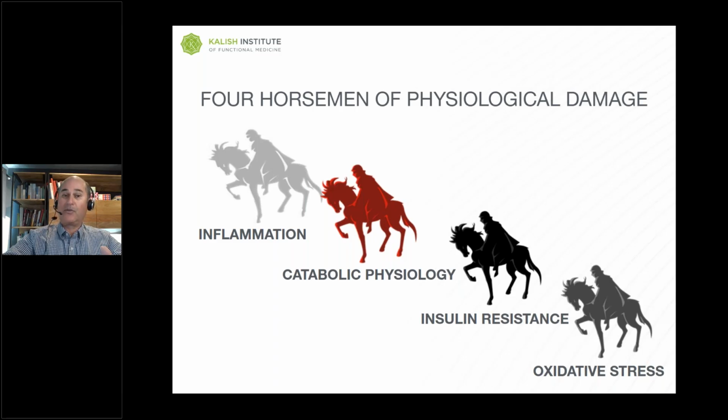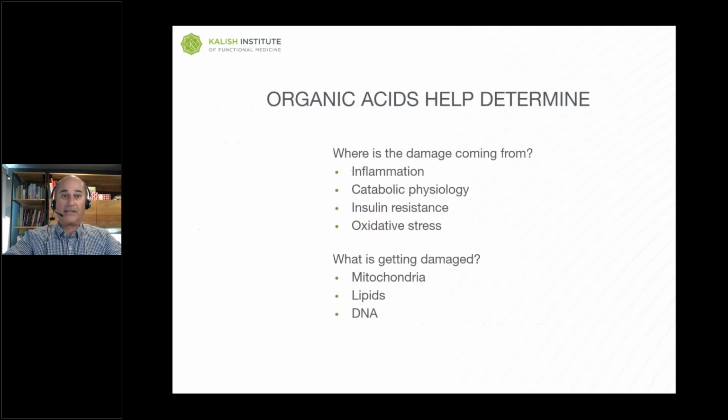That's epinephrine and norepinephrine. Insulin resistance is all over this test and in great detail. You can see insulin resistance before it would even show up on blood work. And oxidative stress is probably, in some ways, what the test is the most famous for. So all of these things are measured on this test. And these are common things that you're going to see in almost all of your patients on a regular basis, right?